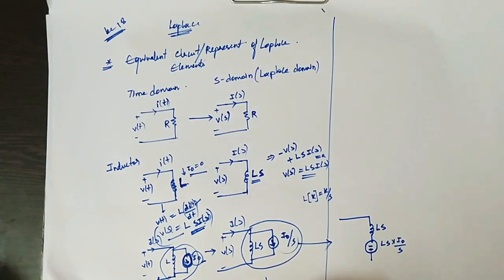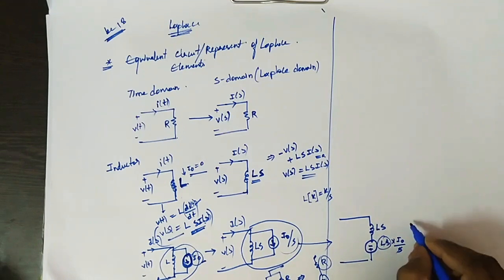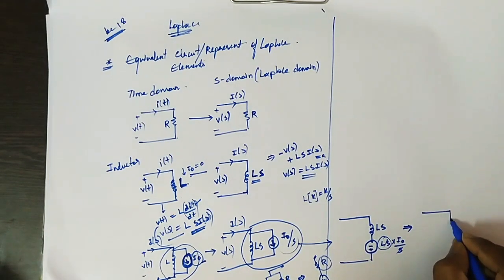For example, a current source having internal resistance R and current I is replaced by a voltage source, with resistance R in series with a voltage V equal to I into R. Here Ls is the resistance R, and I naught by s is the current I. So the s will cancel, and you finally get an inductor having an internal voltage of L into I naught.